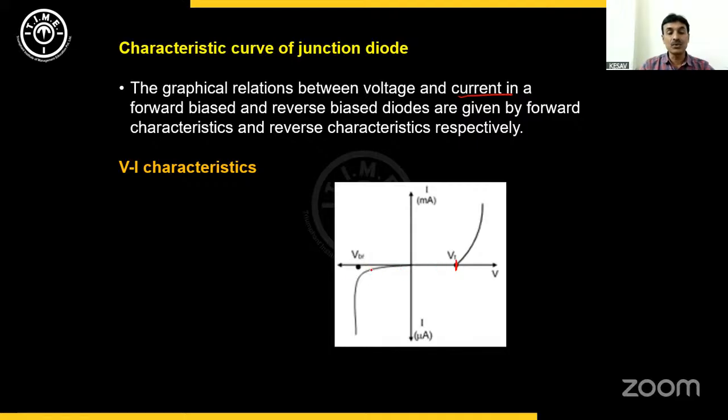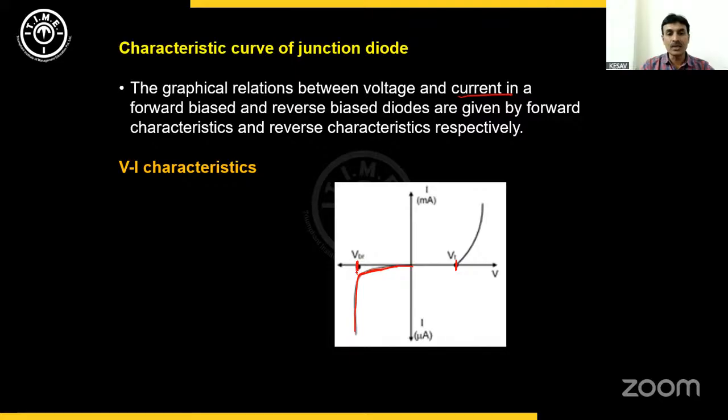But when it comes to the reverse bias characteristics, with increase in voltage, there isn't much increase in the current. There isn't any appreciable increase in current up to a certain value. But after a particular voltage, current increases abruptly.